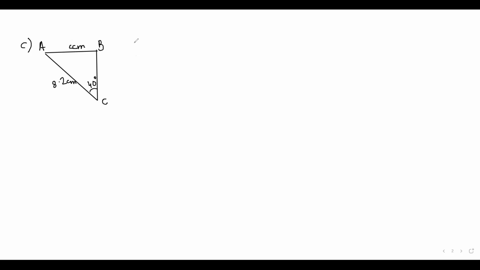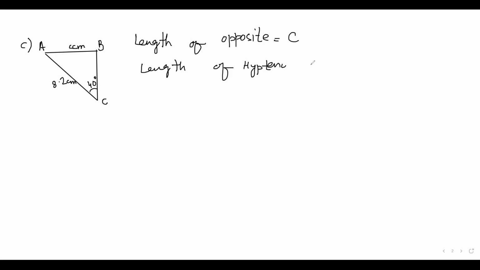So let's write the data first. Here, length of opposite is equal to c, length of hypotenuse is 8.2, given angle 40 degrees.